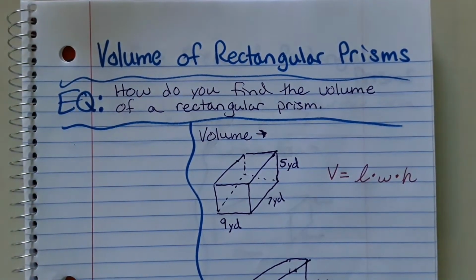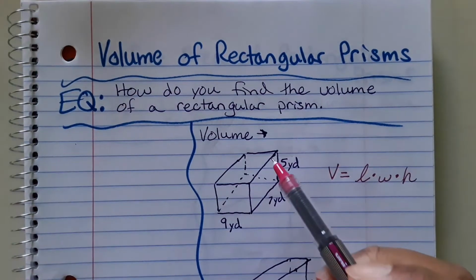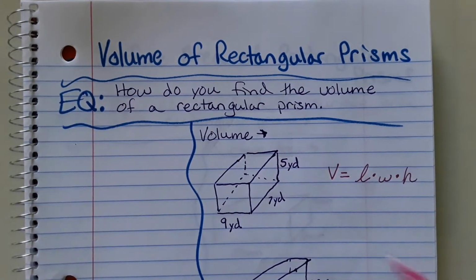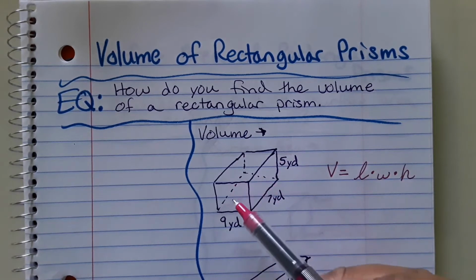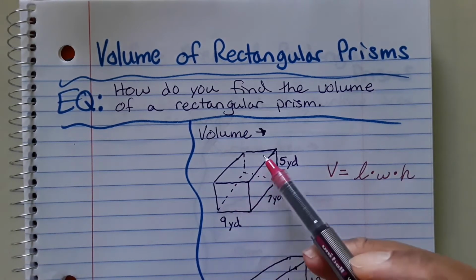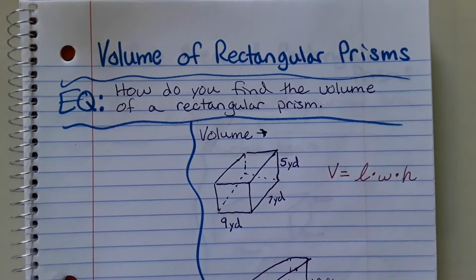It's that simple. It's a three-dimensional figure like you see here, a rectangular prism. It's made up of 6 faces. So you have 2 sides, one for the front, one for the back, and one for the top and the bottom. 6 sides. And it is a measure of the amount of space inside the figure.